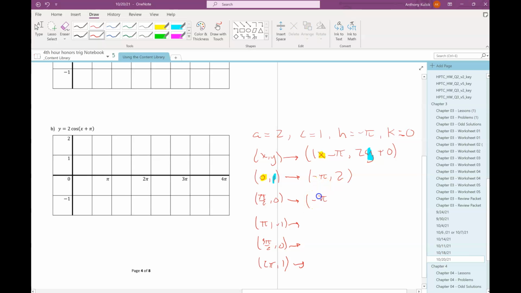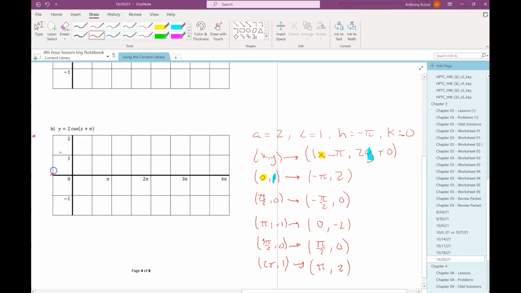I get negative pi over 2, 0, and 0, negative 2, and then pi over 2, 0, and then I have pi, 2 again. Is that okay? Okay. So negative pi and then 2, I can't plot. It's off the chart here. But if I wanted to, it would be somewhere like over there.